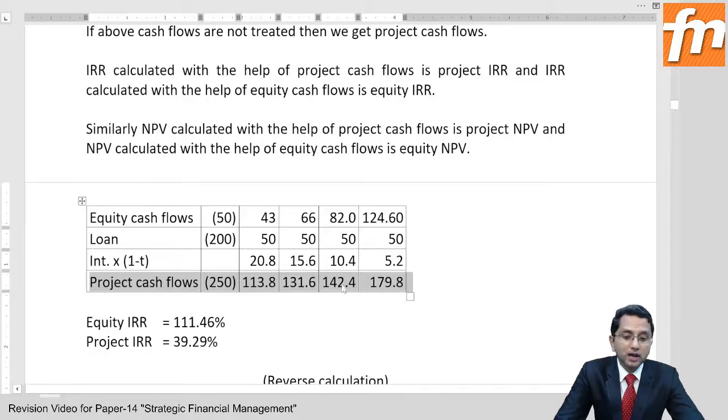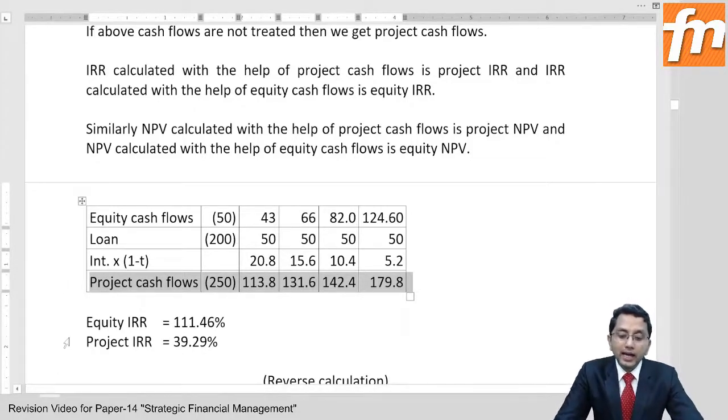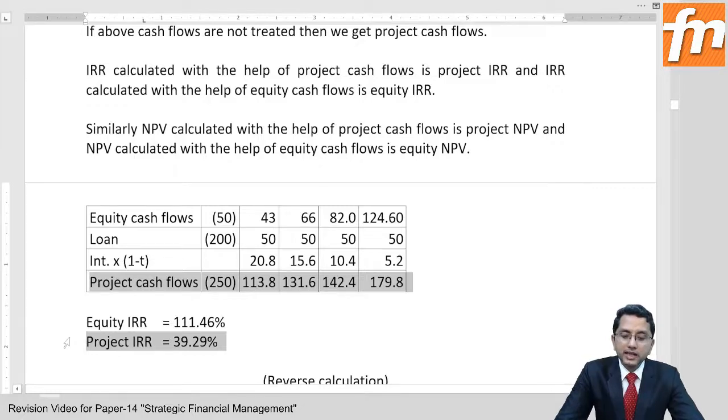These inflows are without deducting interest, without taking tax benefit on interest, without deducting repayment. But at the same time, this outflow is without considering the inflow of loan. These are project cash flows. Now, if you discount these cash flows at the weighted average cost of capital, you'll get project NPV. And if you calculate IRR using these cash flows, that's 39.29%.